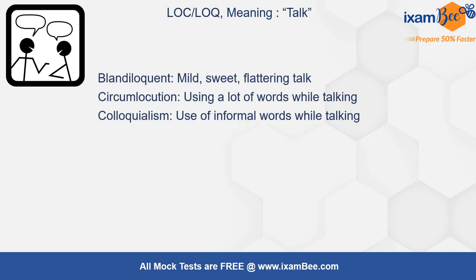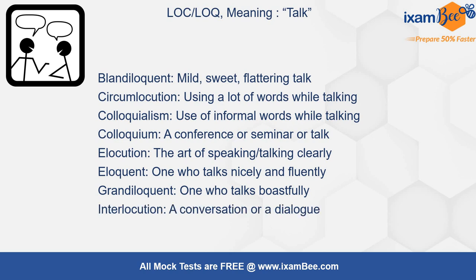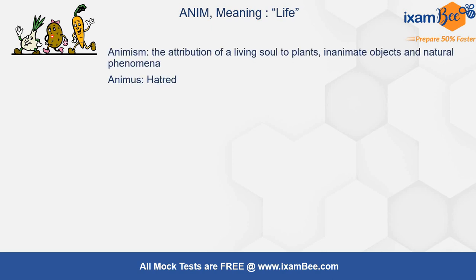So when we say that she is an eloquent speaker, we mean that someone who is talking nicely and fluently is called an eloquent speaker, right? So friends, root words, as I said, are very important for you, and they are very, very essential when it comes to understanding and learning new words for your exams.